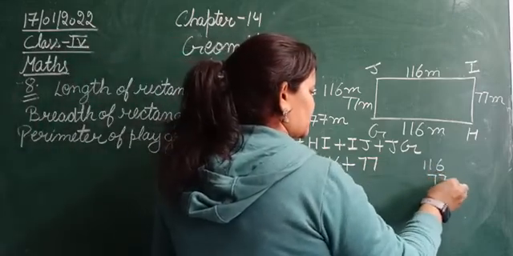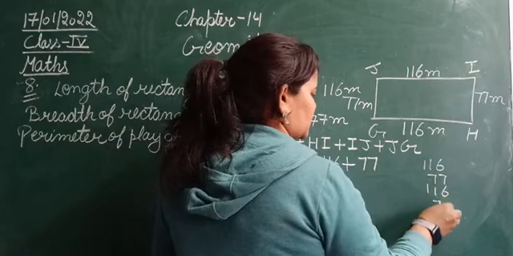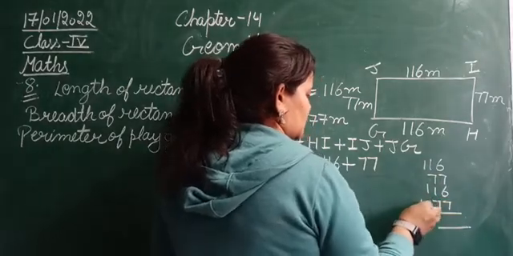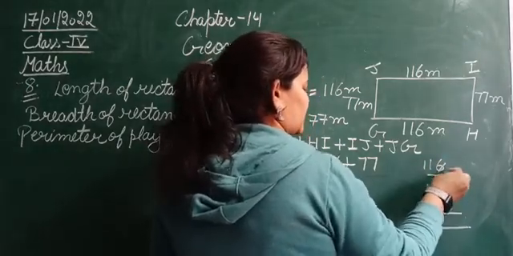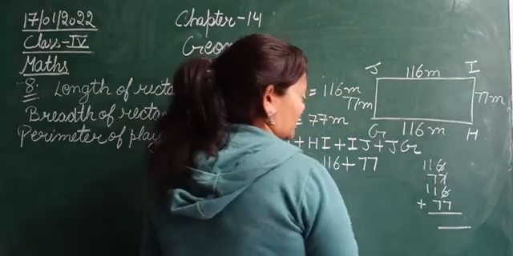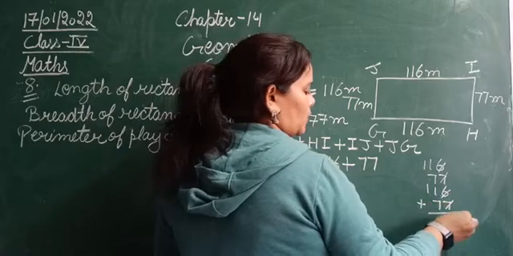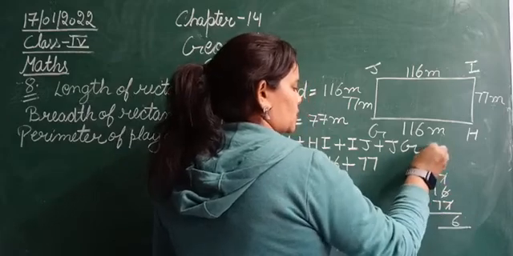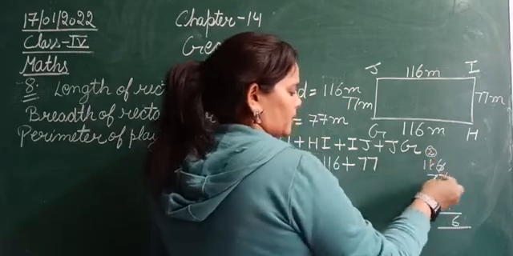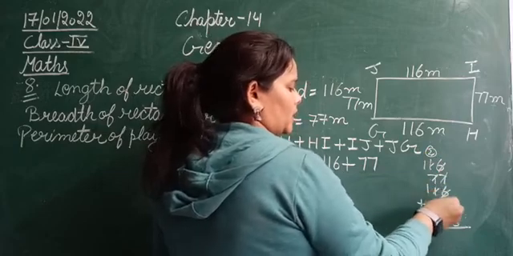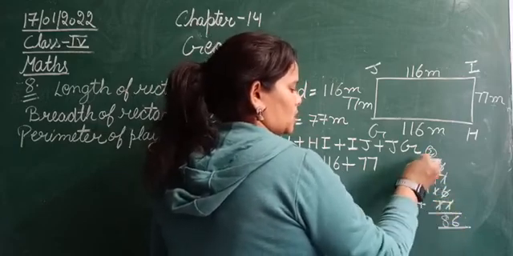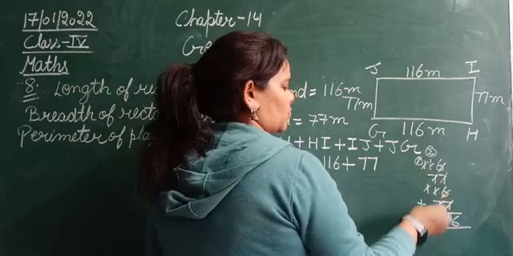116 plus 77, 116 plus 77. 6 plus 7, 13, carry 1. 1 plus 1, 2, plus 7, 9. 1 plus 7 is 8.